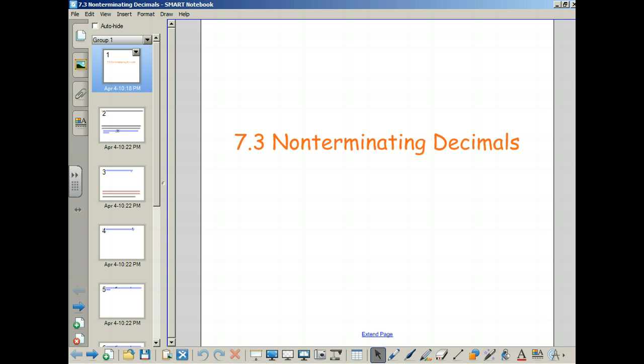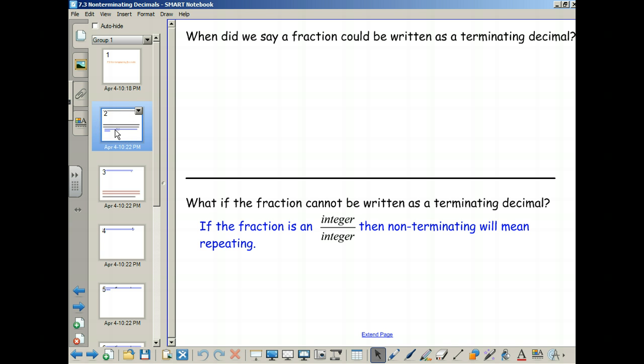Do you remember when we said, we talked about this already today, when a decimal is going to terminate if we take it from fraction form and turn it into a decimal? Good.